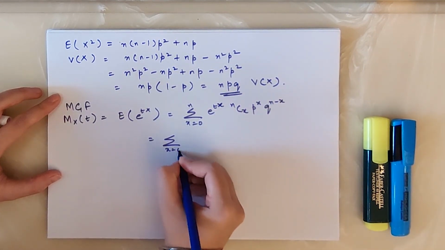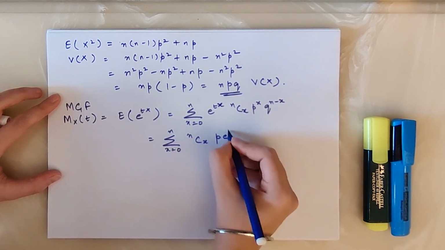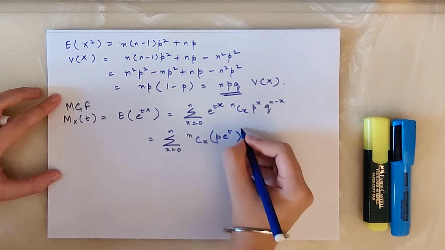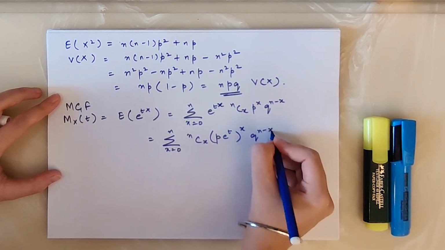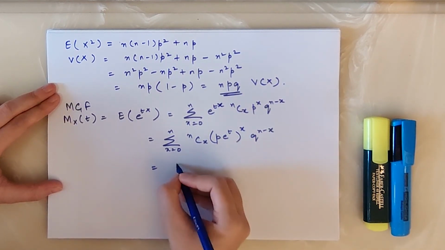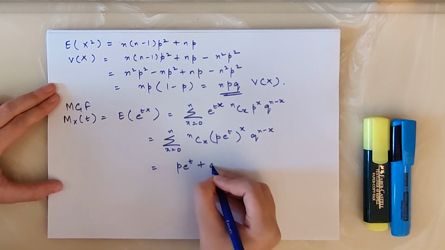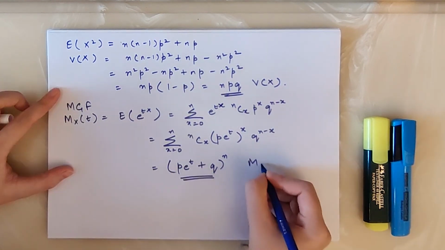Now this is equal to summation x equals 0 till n nCx p into e raised to the power t and then raised to the power x, then q raised to the power n minus x. Now by binomial theorem this is equal to p e raised to the power t plus q raised to the power n. This is our mgf.